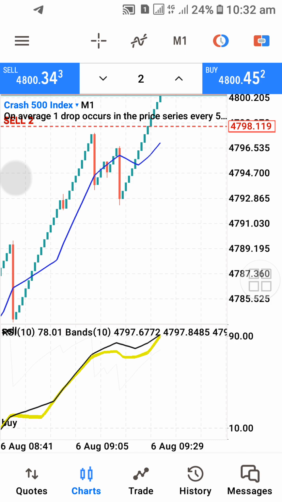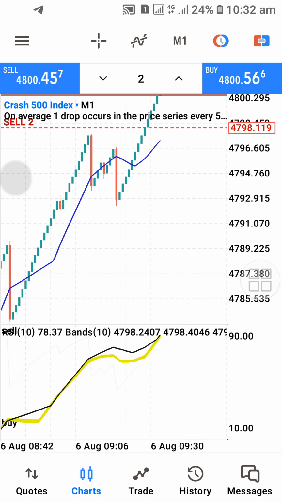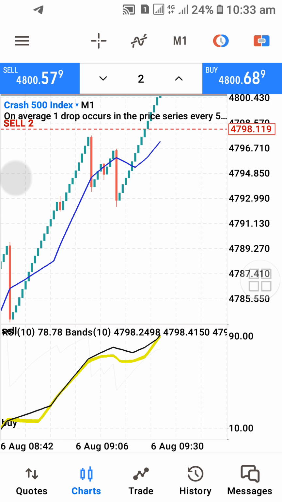If you're a synthetic trader and you want to trade any of the pairs, call it Boom and Crash, or volatilities, the jump pairs, the step index and all the rest, it all has to do with price action. So you need to look at what the price action and the market structure are saying before you place a trade.